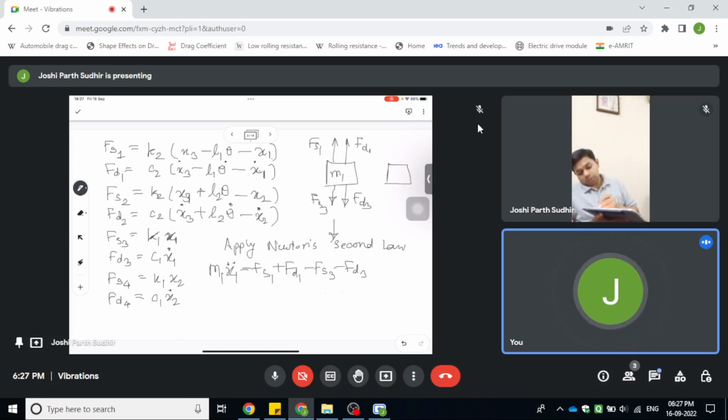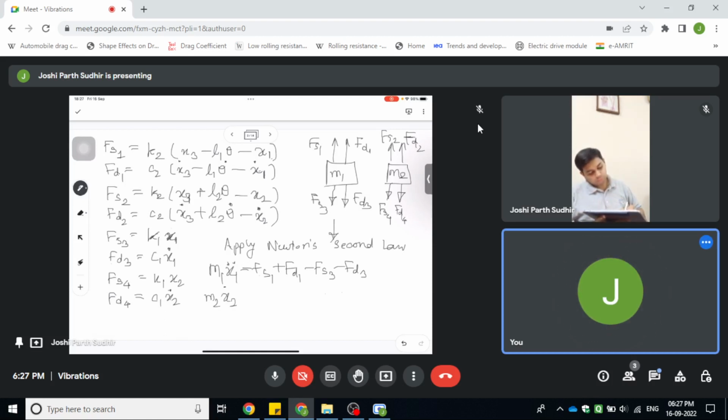And similarly, if we consider the mass m2, so we have Fs2, Fd2 and Fs4, Fd4. So then we can similarly write the equation of motion for m2.